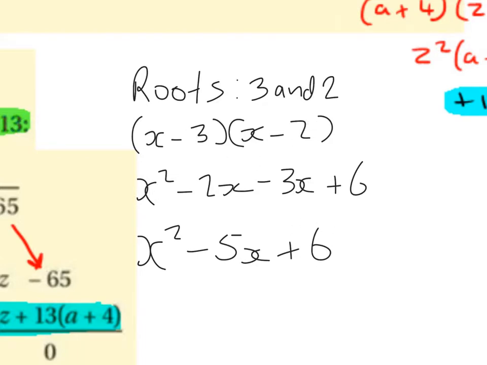So we can use this idea with complex numbers, so that the sum of the roots will give us the coefficient of, in this case, the z, not the x, and the product of the roots will give us the constant at the end. And instead of x squared, we'll have z squared.